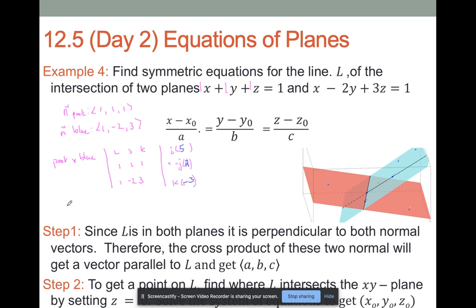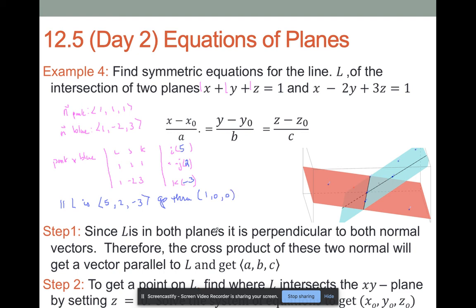Therefore, a line parallel to L, right? So now I have a line that's parallel to L, but I want it to go through the point 1, 0, 0.